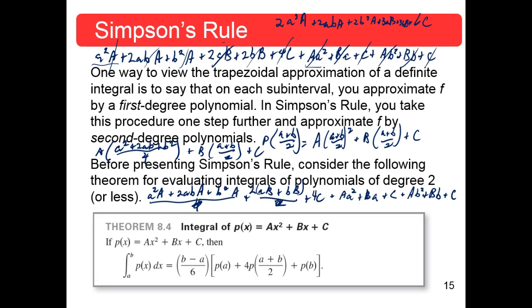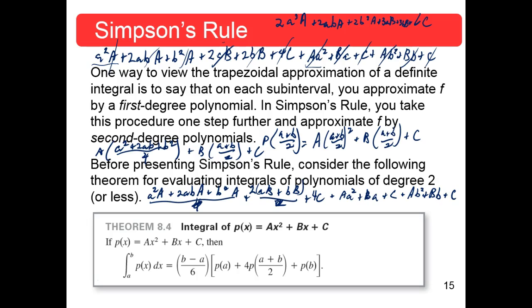That's the part in here. Now we haven't done this part yet, but I'm going to tell you what this is. Remember the mean value theorem or something like that? B minus A is the length of that interval.